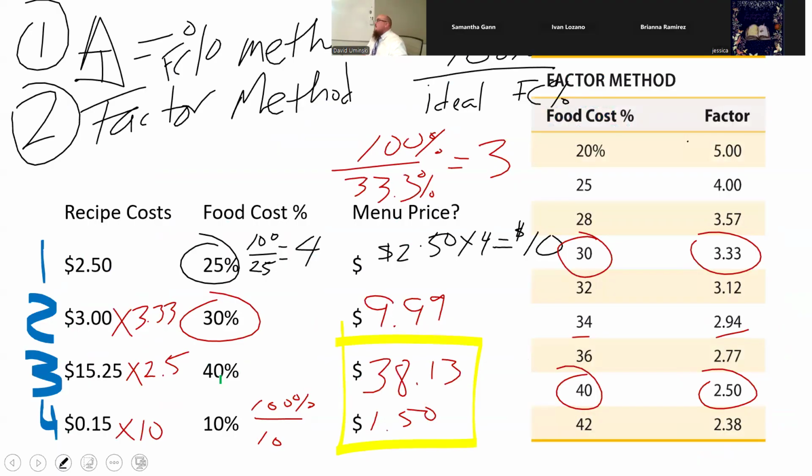This $1.50 might be a little bit more reasonable in cost. But if everybody else around you is charging $3, $4 for their sodas, then maybe you can get away with bringing that price up. Just because the math says that you're going to charge $1.50 based on a 10% food cost or beverage cost doesn't mean you have to. You can look at the market and see what the people are willing to afford and pay.